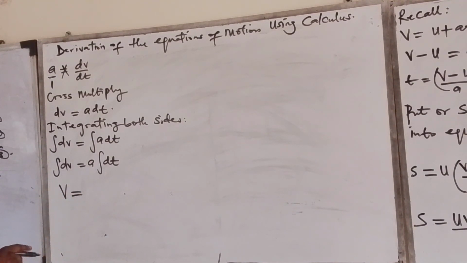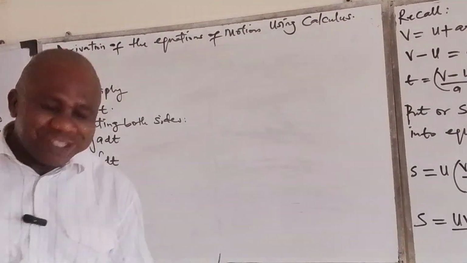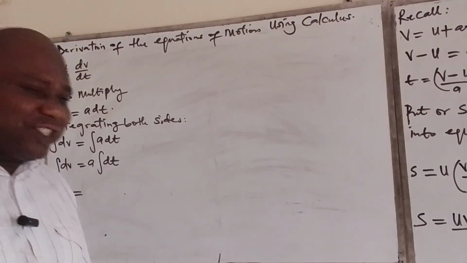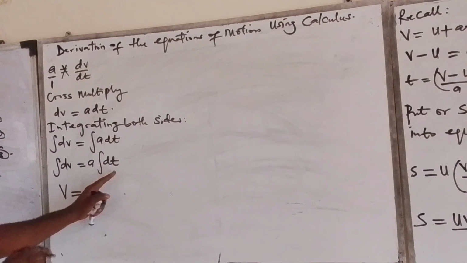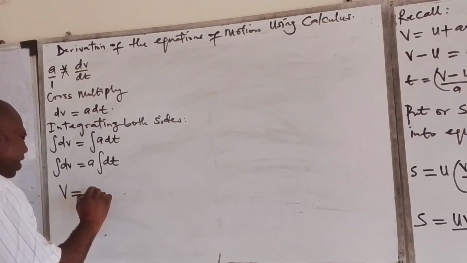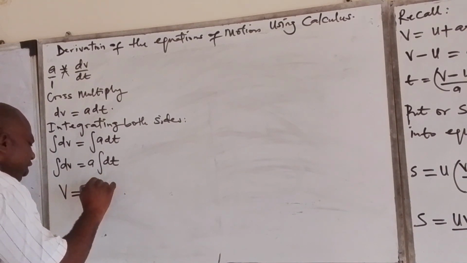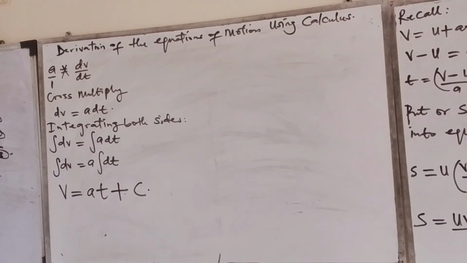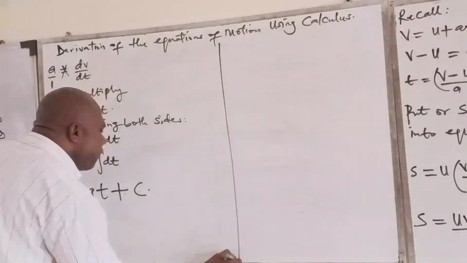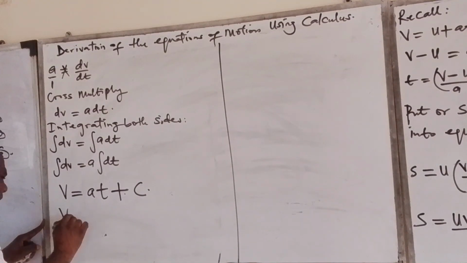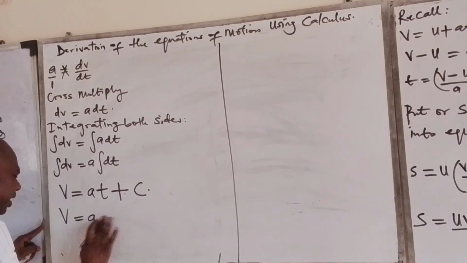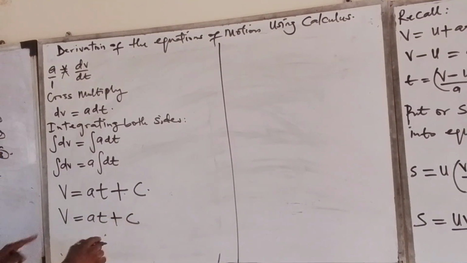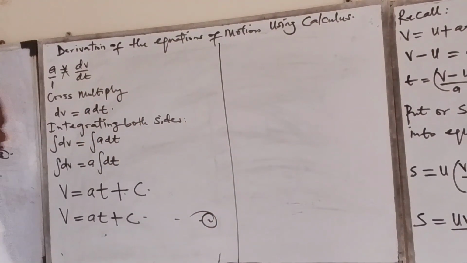When you integrate dt, it gives you t. Then here we have plus a constant. So our v is equal to at plus c. Now let's call this equation 1.